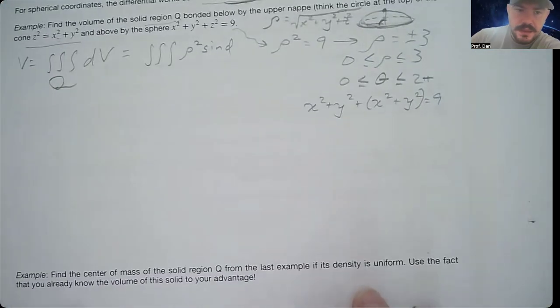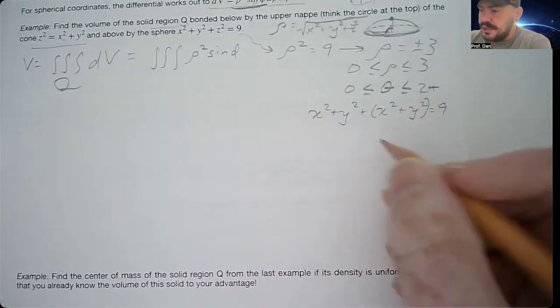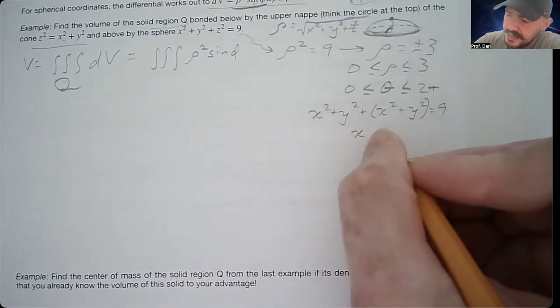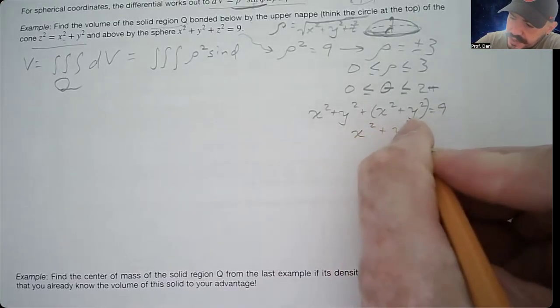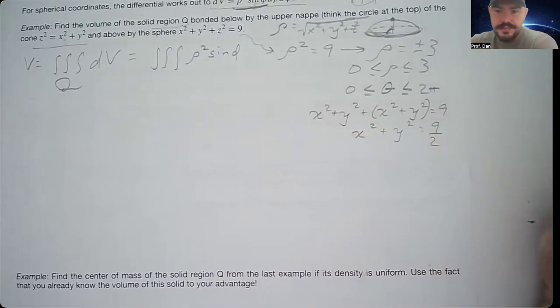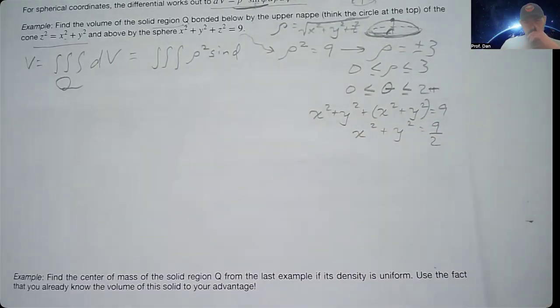All right. And from there, we end up getting that x squared plus y squared is equal to 9 halves.